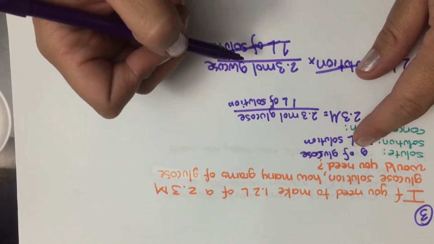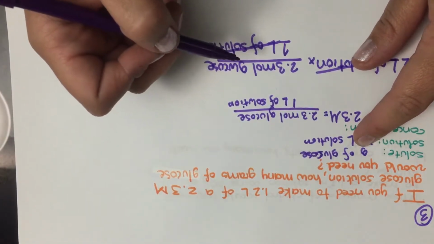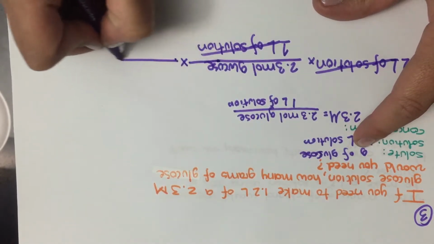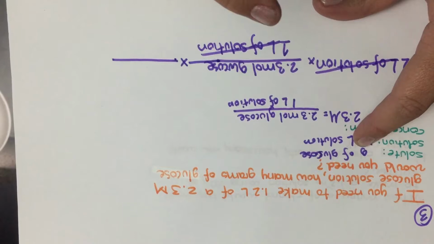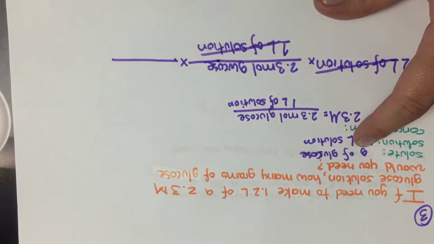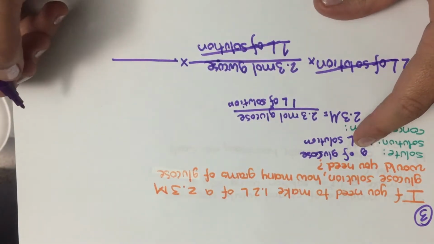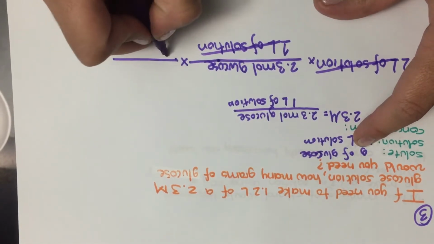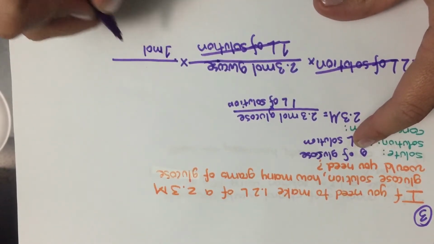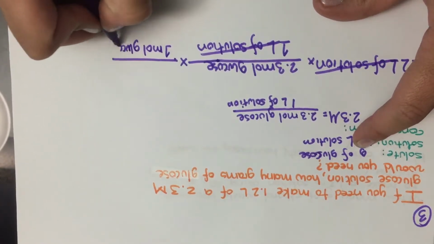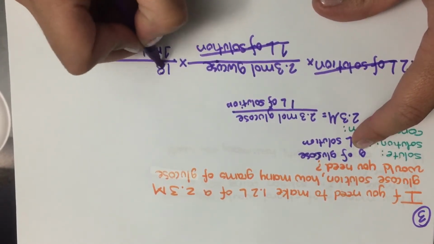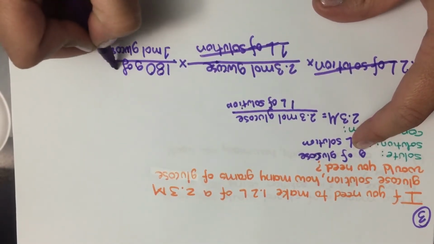Is that how they are asking for glucose? No, they're asking for it in grams. Okay, so we're going to make those moles into grams using molar mass, which is getting the mass numbers from the periodic table, the weight, adding them up, okay, and then making sure we know what the weight of 1 mole of glucose is. So 1 mole of glucose, okay, it's going to weigh 180 grams of glucose.